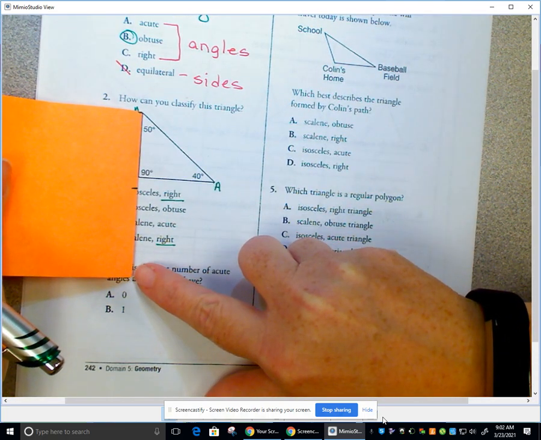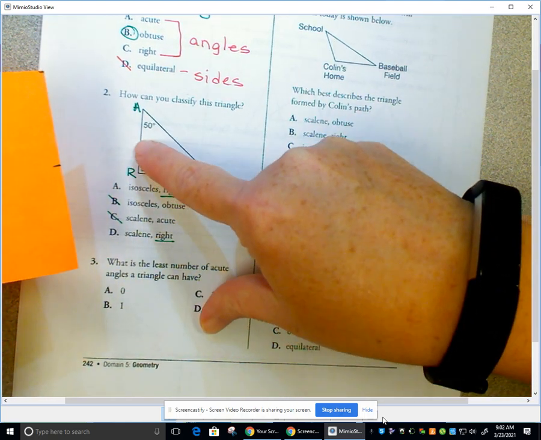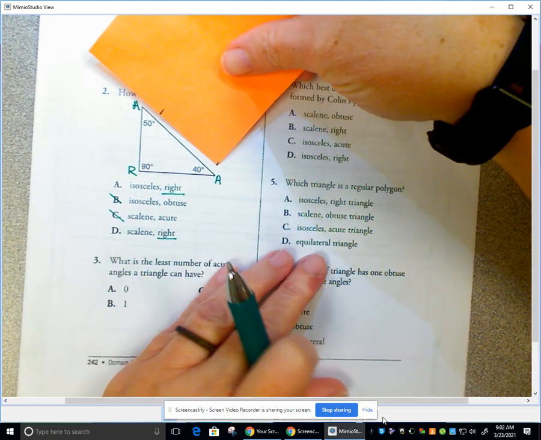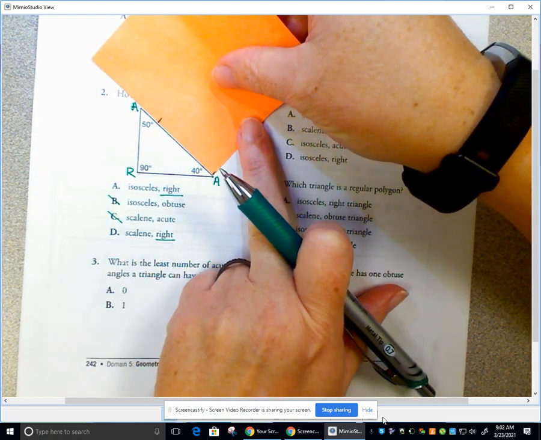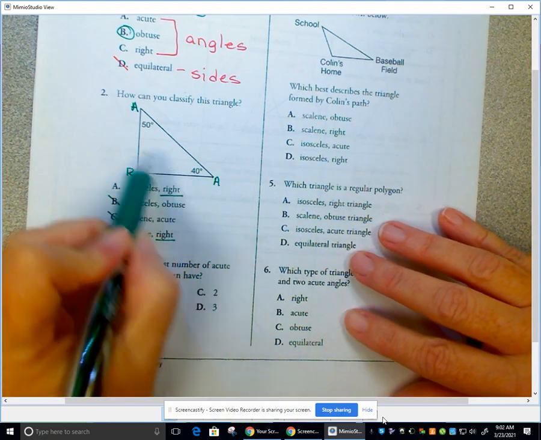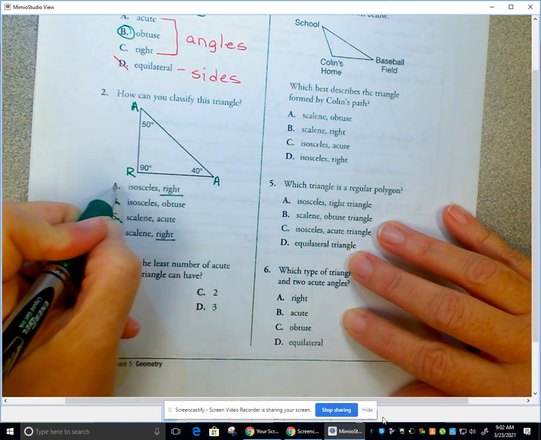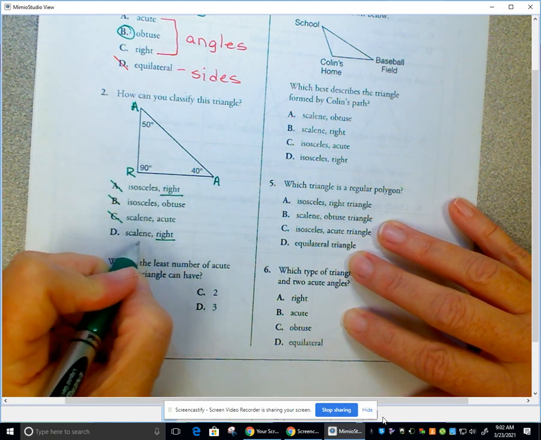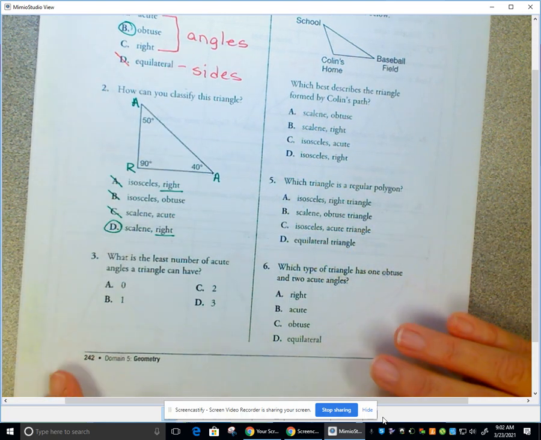So that side is definitely longer than that side. So let me try this. And look at that. They're not the same. So no two sides were the same, so it can't be isosceles right. So it's got to be scalene right because all of the sides were a different length.